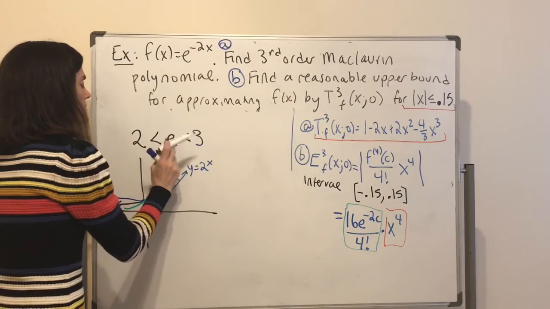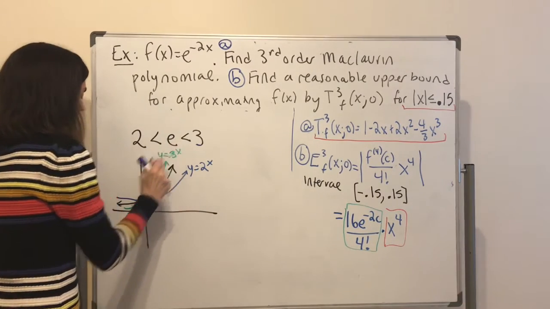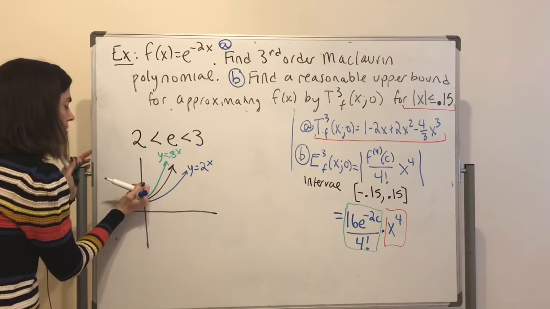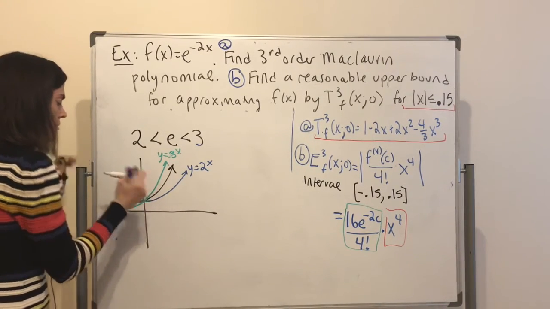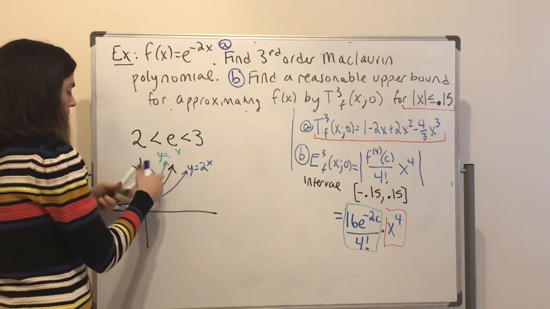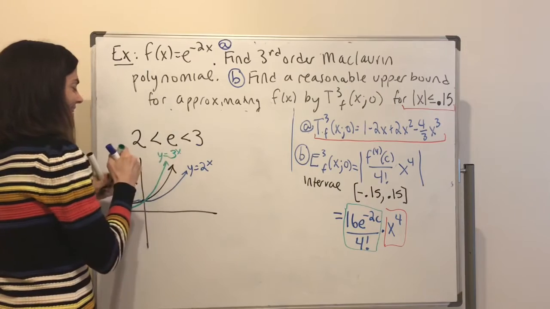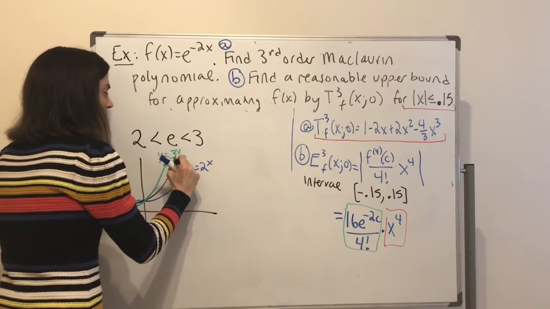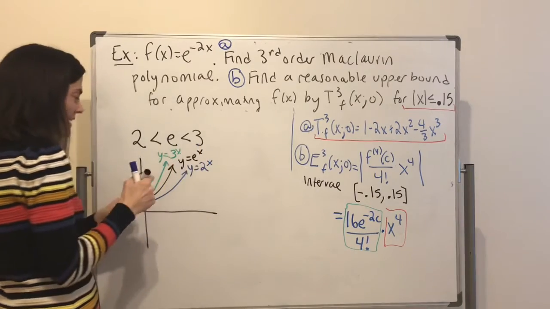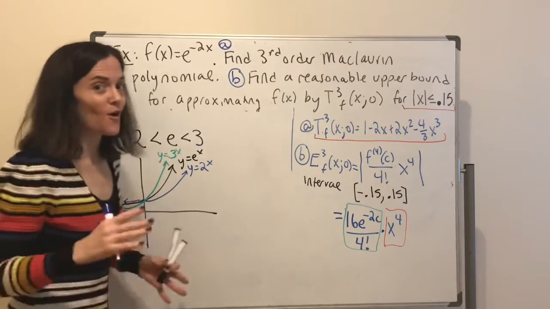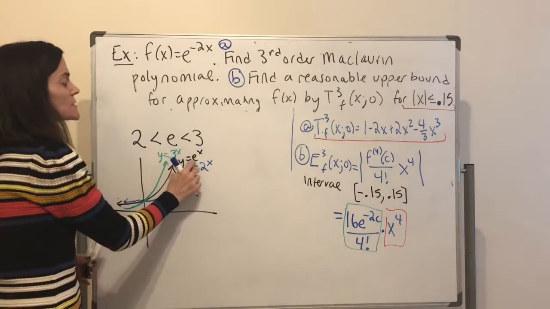Of course, it's not very accurate on this side because they are decreasing. And then in between, because e is between 2 and 3, y is e to the x, and black will sit between these two. Okay, so you can take this as just known.